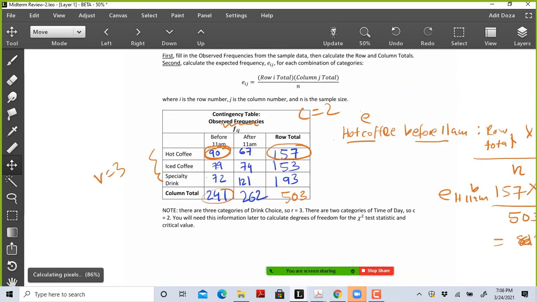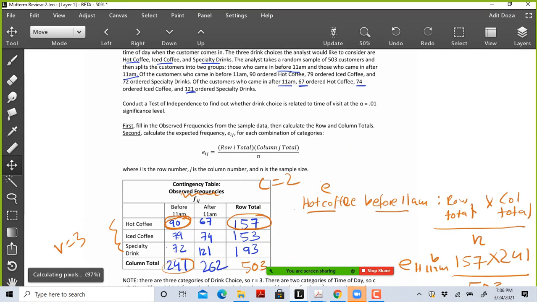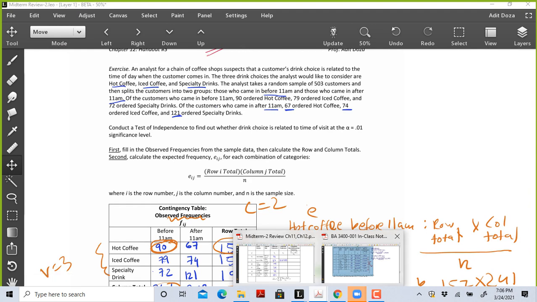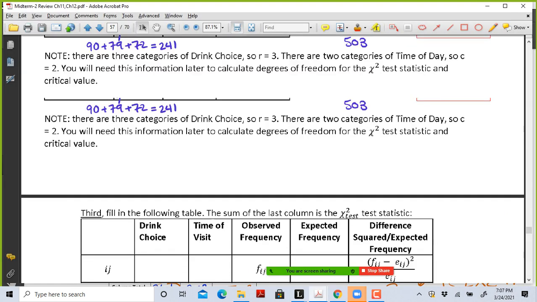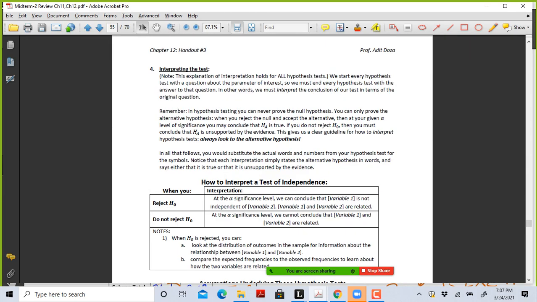Okay, so if you go back to the test for independence in our review, if you reject H naught, then at alpha significance level, we can conclude that variable 1 is not independent of variable 2.